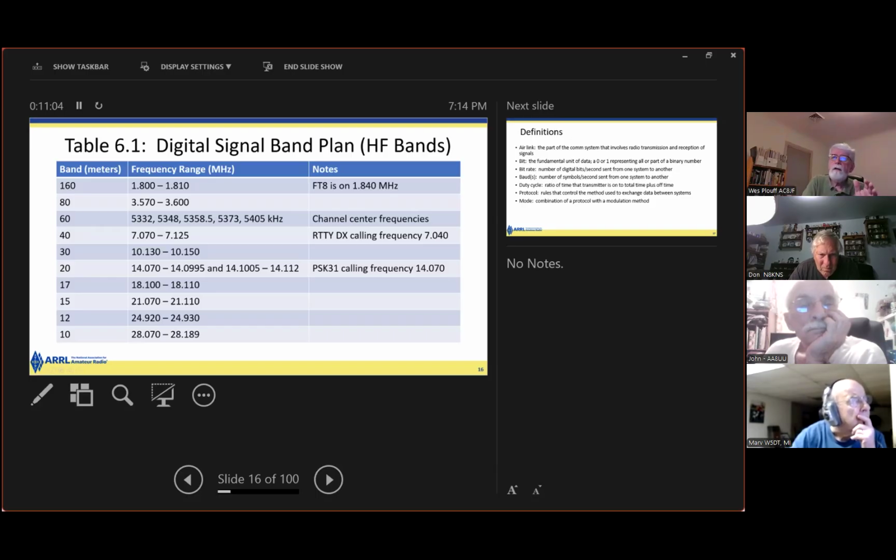So it's a little bit screwy, but 60 meters is kind of the exception, in that it's shared with the military, and the FCC specifies frequencies that you must use rather than being able to tune around anywhere within a frequency range. I'm not going to go into these any further, but you might see questions on the test that refer to these frequency segments.